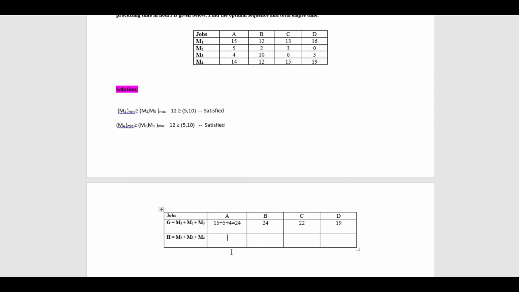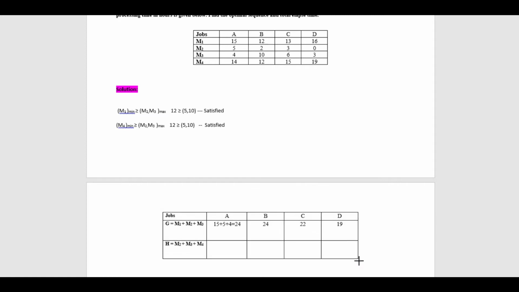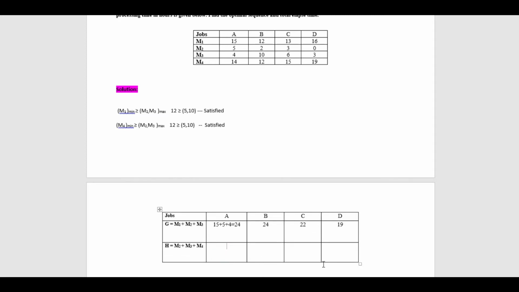Similarly for H, for job A we add 5, 4, 14, that is M2, M3 and M4. So 5 plus 4 plus 14 equals 23. In this way for job B, machines 2, 3 and 4 give 2, 10, 12, so 24.